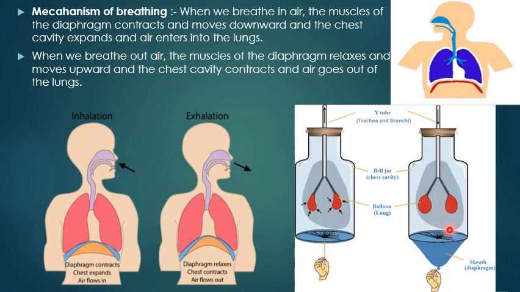During exhalation, the diaphragm moves upward and the chest cavity decreases in size, so the air is forced out from the lungs. This is a very interesting and very important experiment to understand the mechanism of breathing. I hope you got it.